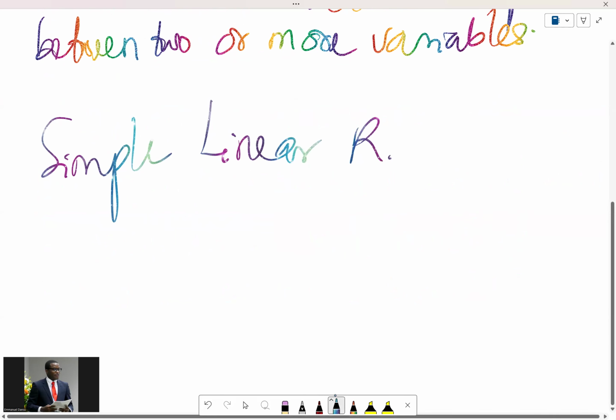In simple linear regression, the relationship between two variables is modeled with a straight line.